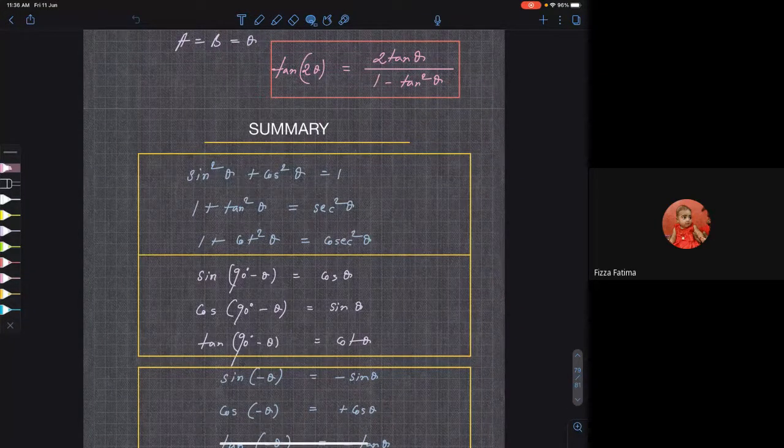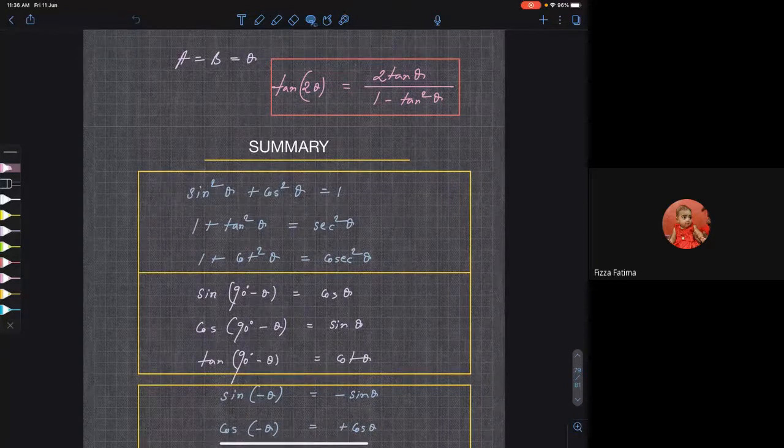So, okay, anyway, I'll just revise what happened in the last class. We found out some trigonometric expressions and relationships between trigonometric ratios. These are the first three equations, which are nothing but trigonometric identities, which are different representations of Pythagoras theorem, right?